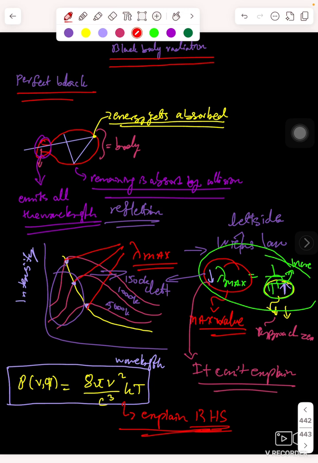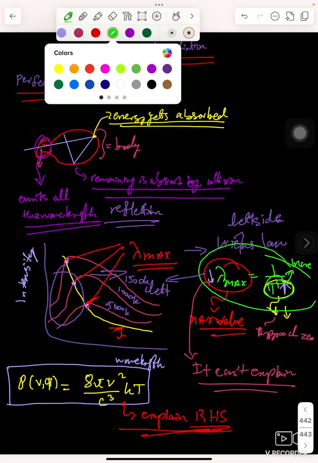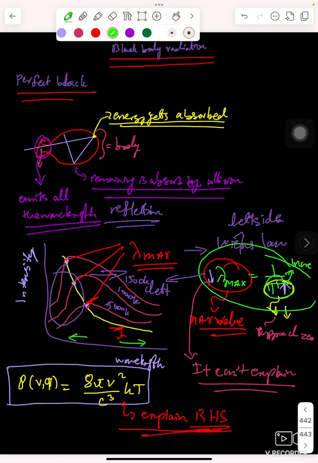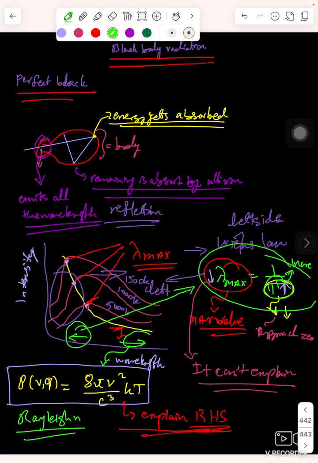So this part over here is for the lower lambda, and this part is for a higher lambda, because we can see the wavelength increases on this side and decreases on this side. This second equation is known as the Rayleigh-Jeans equation. I think it's like this, something like that. I will not spell it.